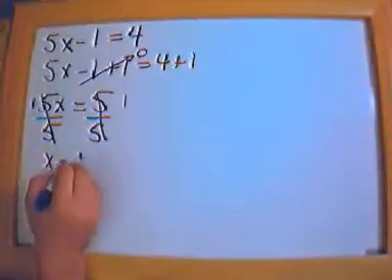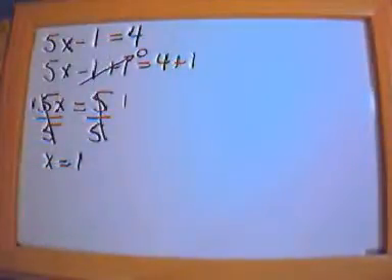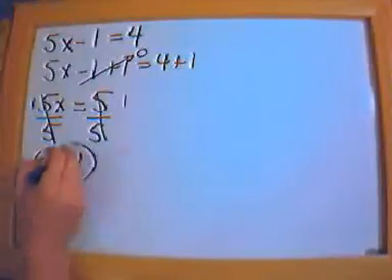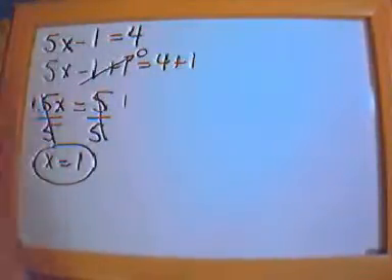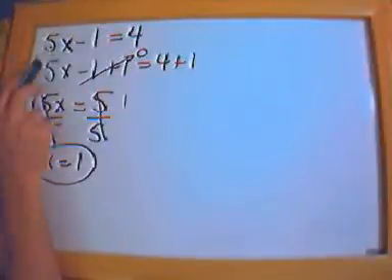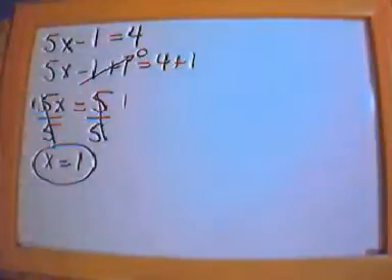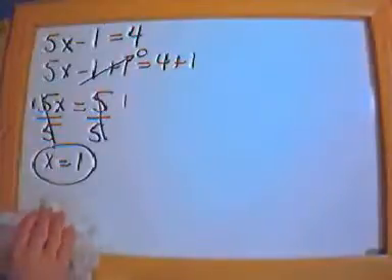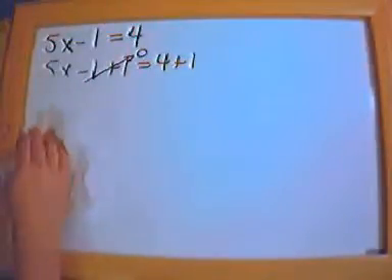So x is simply equal to 1. And that's the answer. You can plug this answer in. If x is equal to 1, we'll just plug it right back in there. 5 times 1 is 5, minus 1 equals 4. And that is the value of x that will solve that equation.